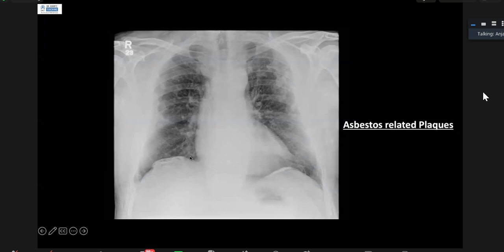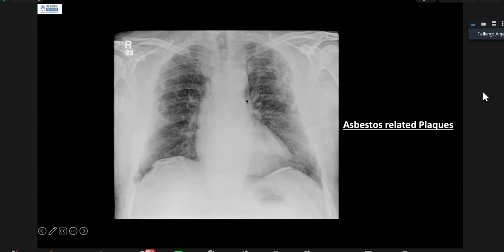Now, moving on, the other abnormality about pleura is pleural plaques. You must have heard about calcified pleural plaques or non-calcified pleural plaques. They usually occur in the setting of previous exposure to asbestos. Calcified pleural plaques will look like how you're seeing here. Their favored sites are the costal pleura and the diaphragmatic pleura.